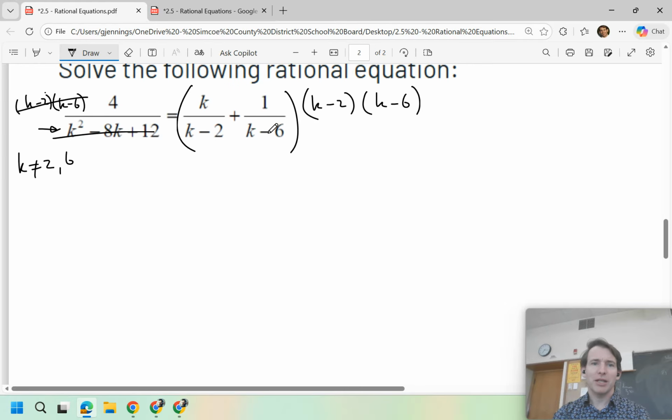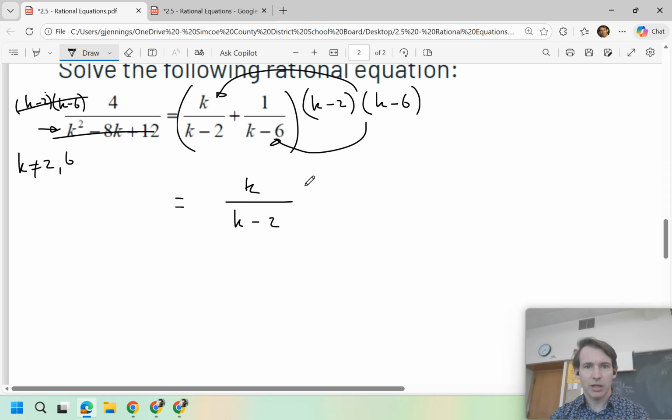Okay, but here, when we multiply this in, let's actually write this side out a little bit. K over k minus 2 multiplied by, because this whole thing multiplies this, and this whole thing multiplies this, right? And so it's going to have different cancellations in both cases. When we multiply here, you don't need to write out this step that I'm showing you if you're really solid.